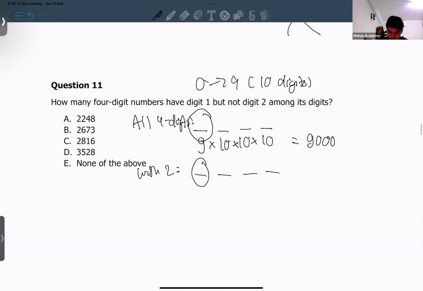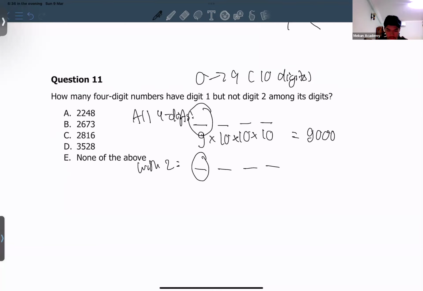From the first place, you get 8 possible numbers, which are 1, 3, 4, 5, 6, 7, 8, 9. And for the second place, you get 9, 9, and 9, which are 0, 1, 3, 4, 5, 6, 7, 8, 9. So from this, the total number is 5,832.